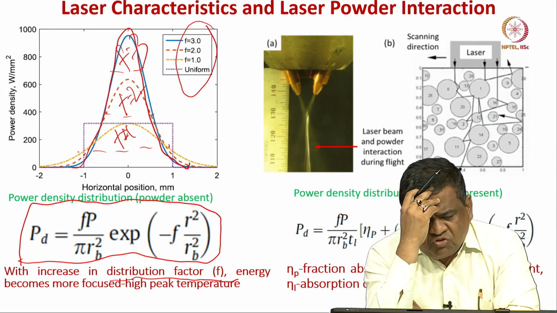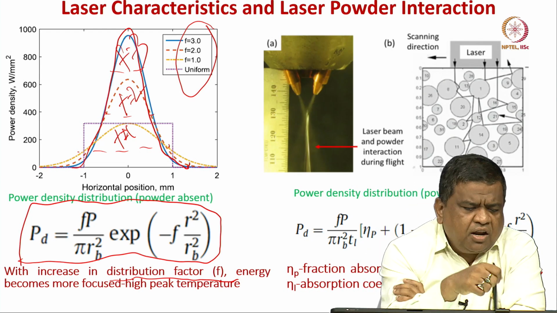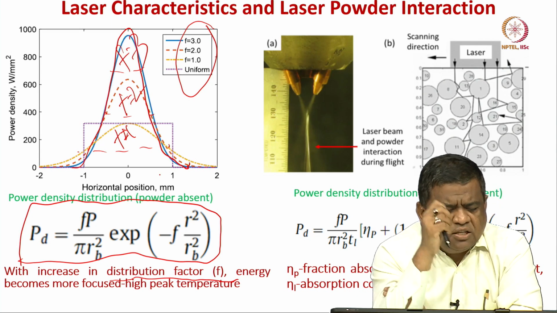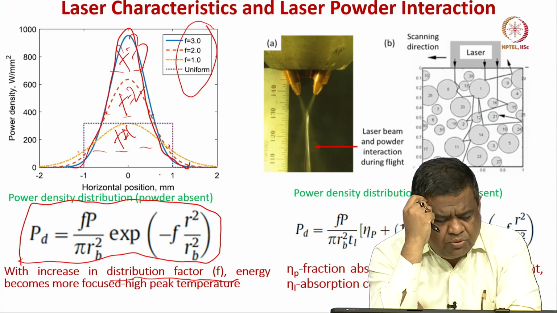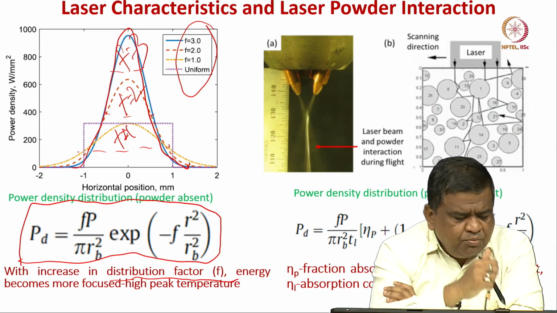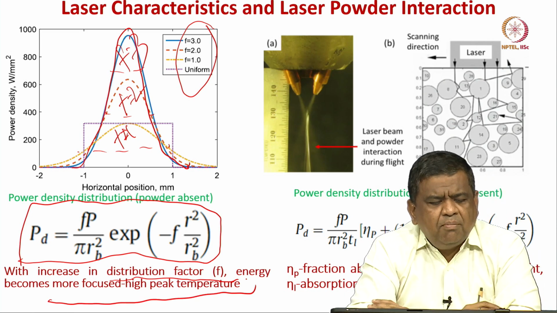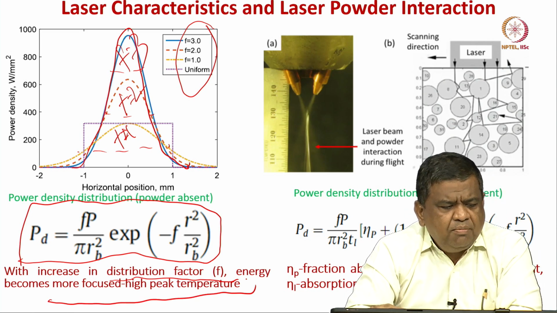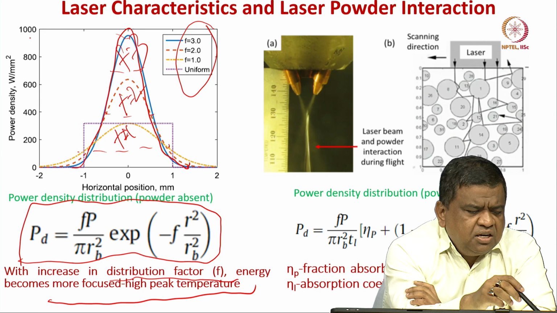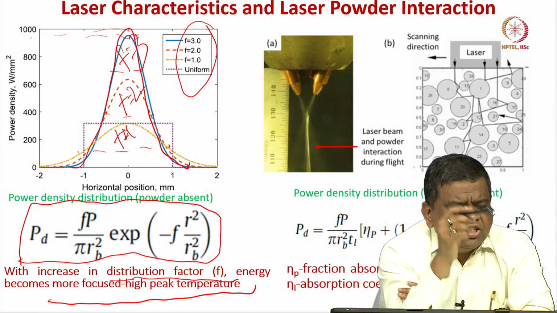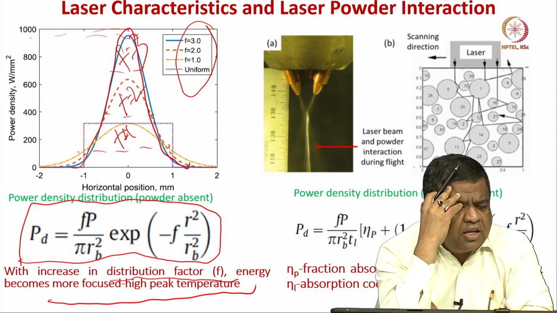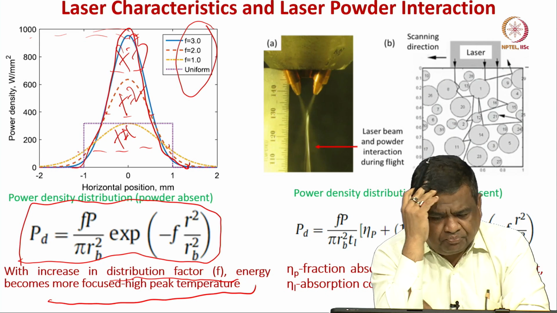At F equal to 4 and so on, this peak is much sharper and much narrower. So, energy becomes more focused with high peak temperature, that is very clear, because if you look at that peak here, the power density is close to 1 kilowatt per millimeter square.